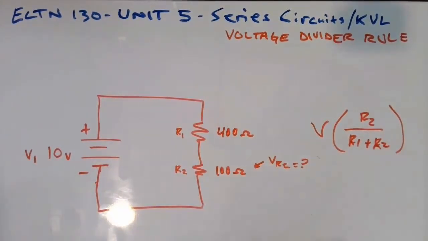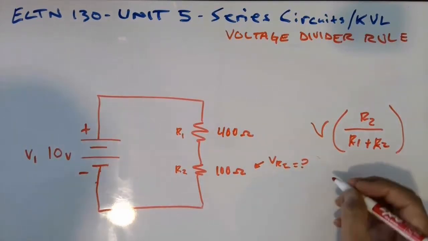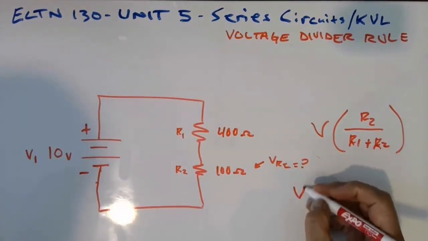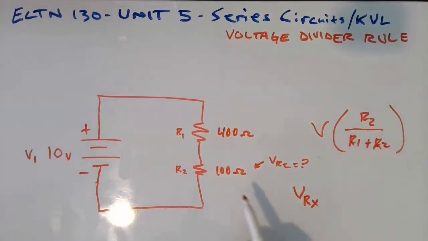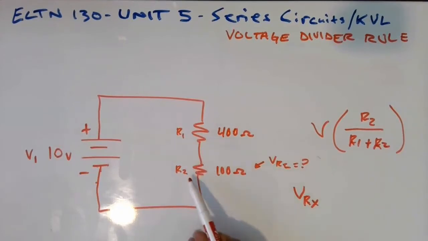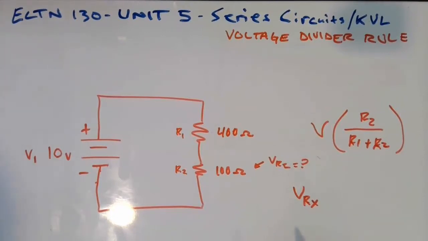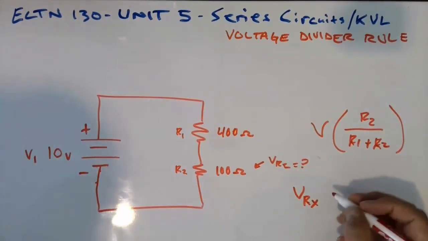Now, the way we can write this equation in a way that makes it a little bit more generic is like this. We can say VRX, and the X simply means which resistor we're measuring. Is it R1 or is it R2? We also use X because we might have more than two resistors. We might have 7 or 8. It works with any combination.